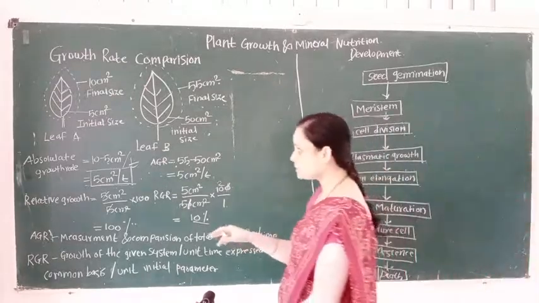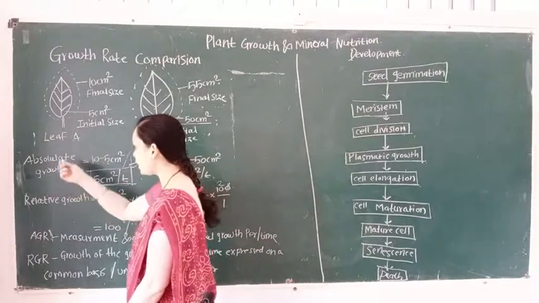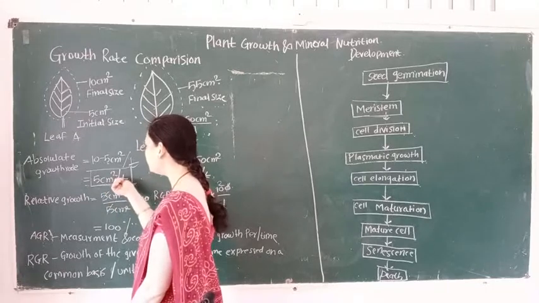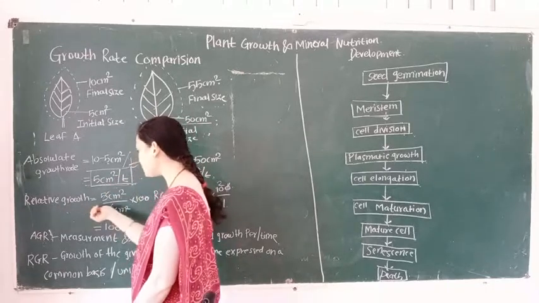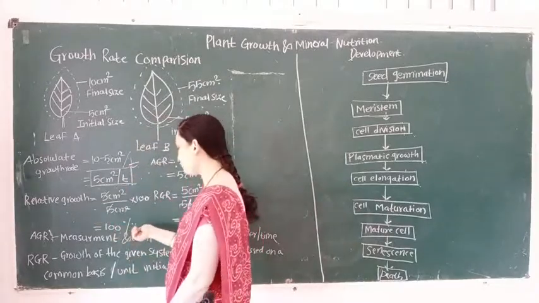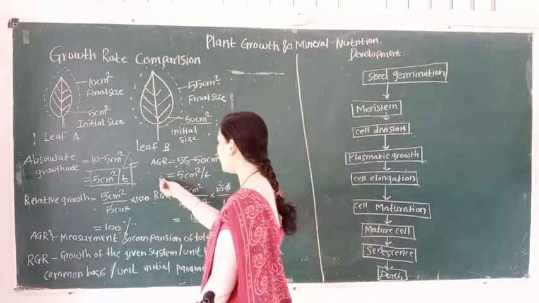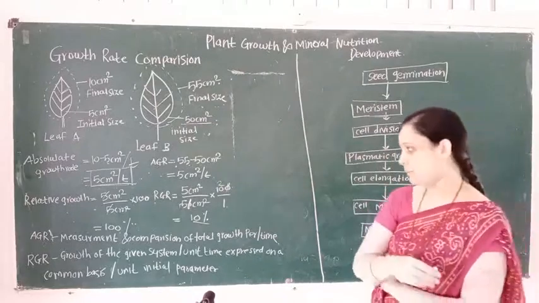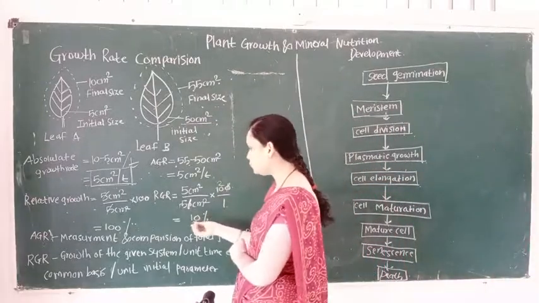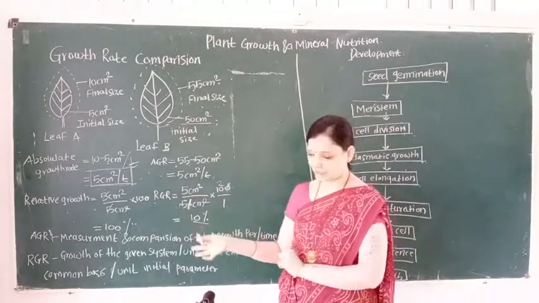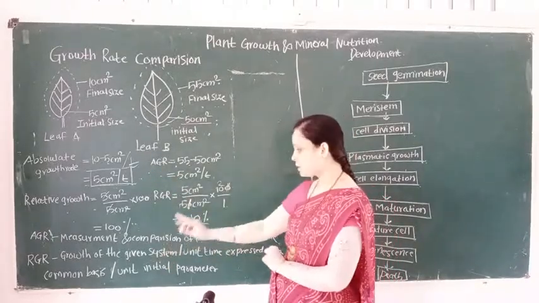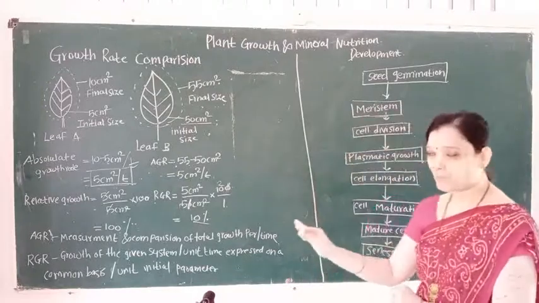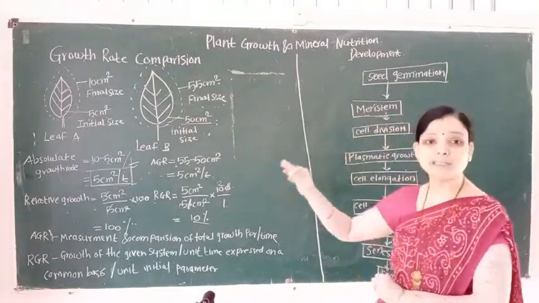So in the first diagram, leaf A shows an absolute growth rate of 5 centimeter square per time t, and a relative growth rate of 100 percent. And leaf B has an AGR equal to 5 centimeter square per unit time, and an RGR of 10 percent. Here the value is 100 percent, here the value is 10 percent. AGR means the measurement and comparison of total growth per unit time.